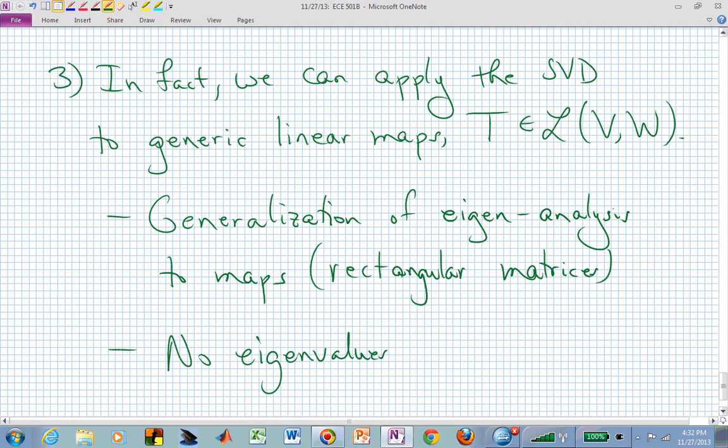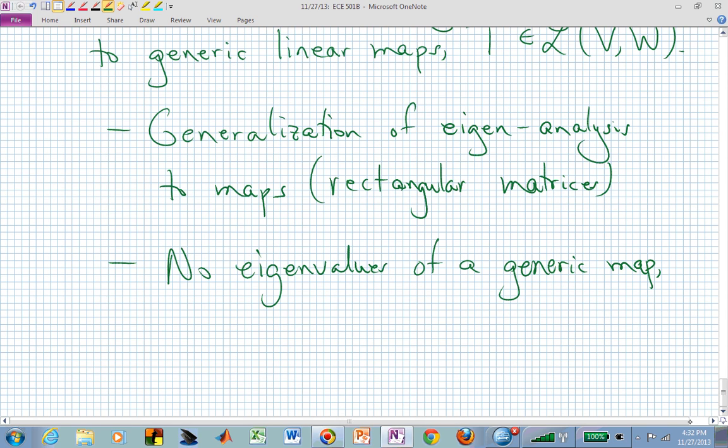Just as a repeat then, no eigenvalues of a generic map really exist, but if we now are starting to talk about this guy, this positive square root of T dagger T, that's a positive matrix, it's square, and it does have eigenvalues, and that's what we introduced in order to try to find singular values.